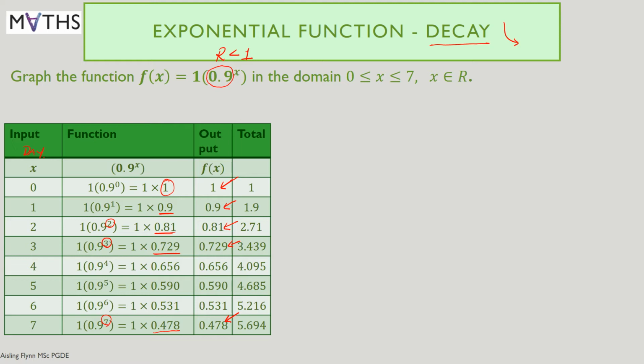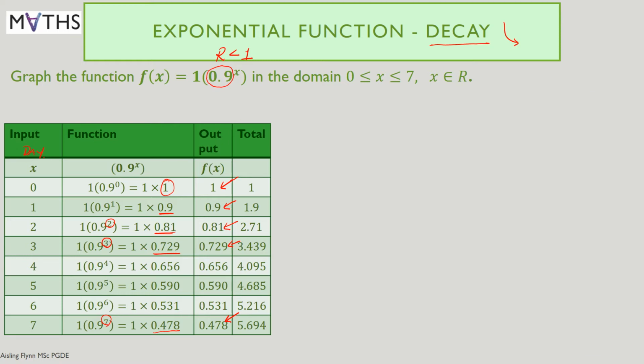If you had 100 people, then by the end of the week we'd be down to 47.8 people. So the numbers are going down, and the total is growing at a slower rate. The total starts at 1 and it's growing but slows down growing.